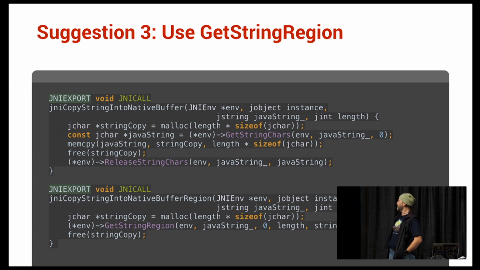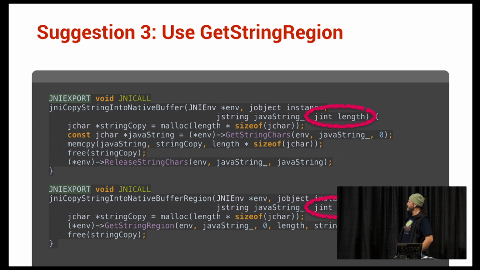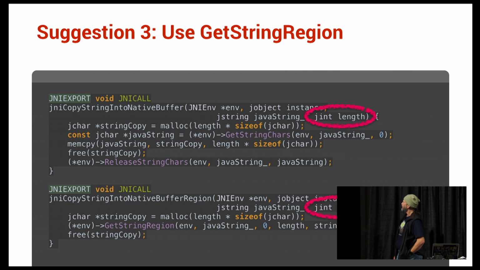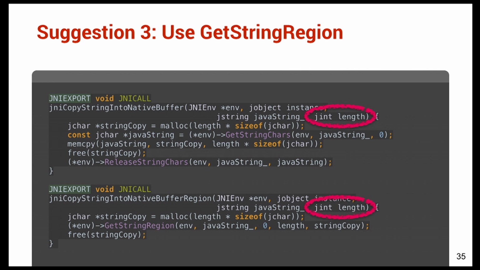Well, this is actually kind of cool. Sorry, you're talking to native code as well and to the VM. So this is kind of cool here. You can actually use GetStringRegion, and GetStringRegion does the copy for you. That's kind of nice. Also, one thing I'm doing here, which is a nice little optimization, is I'm passing the length of the string into this.